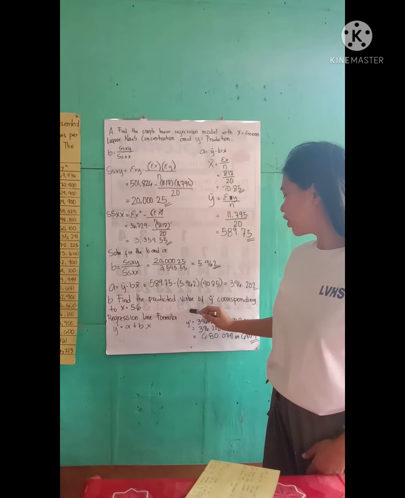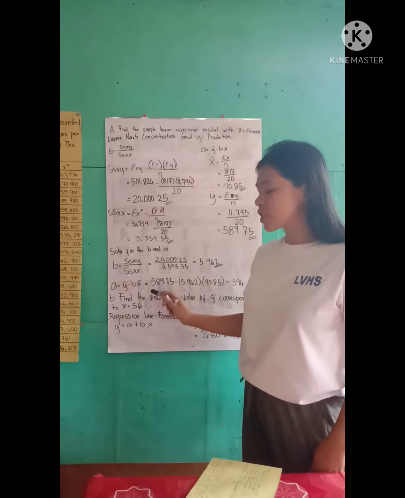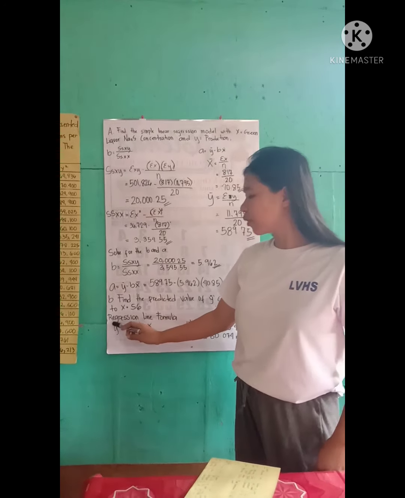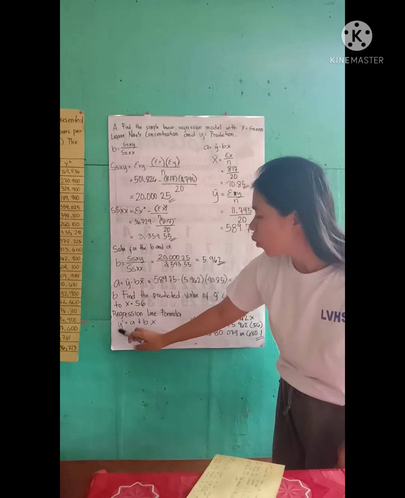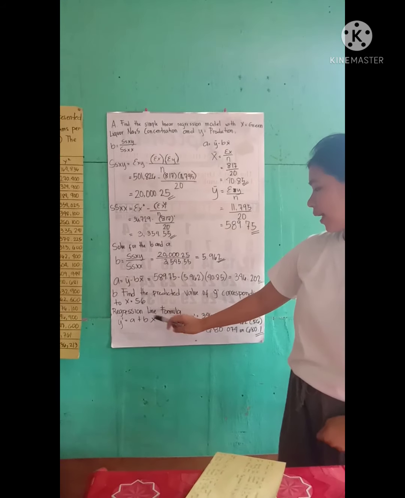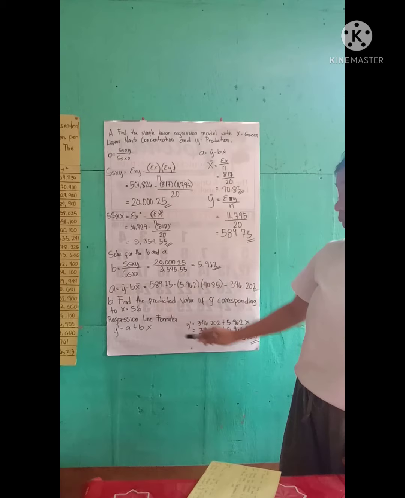Find the predicted value of y prime corresponding to x is 56. So let's put that x here is 56. This is the formula of the regression line. So y prime is equals to a plus b multiplied to x. As we already have the value of b and a, we can solve it now.